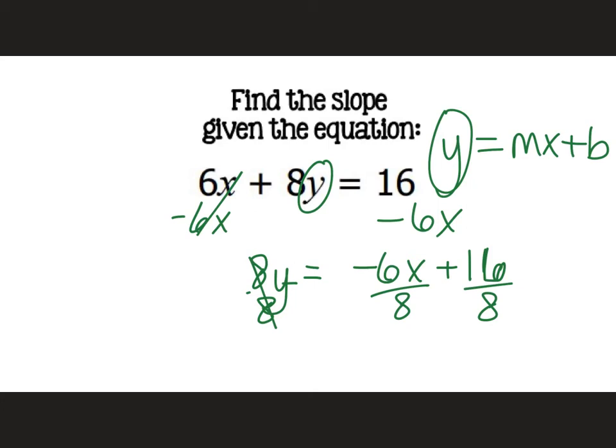Once I simplify, y equals negative 3/4 x plus 2. In this case, our slope is right here as the coefficient of x. Y equals negative 3/4 x plus 2, so our slope is negative 3/4.